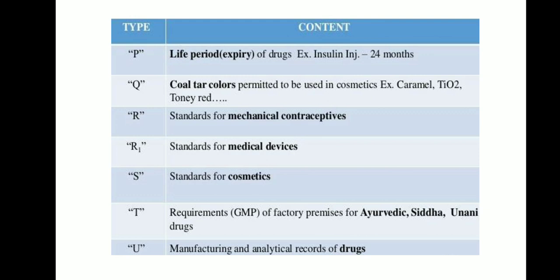Now we are moving to Schedule T. Schedule T means GMP of Ayurveda, Siddha, Unani drugs. So this Schedule T you have to compare with Schedule G and Schedule M. Schedule T is GMP for Ayurveda, Siddha, Unani drugs.